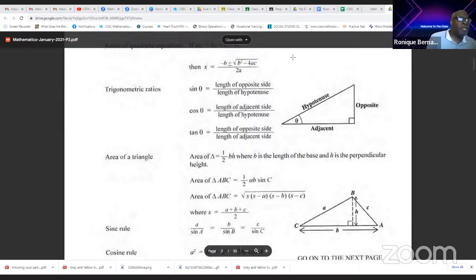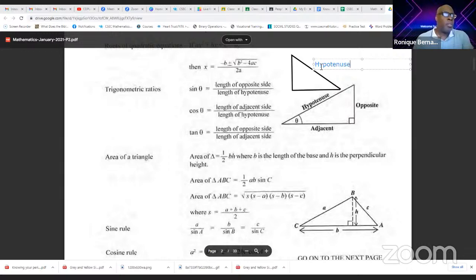I love to draw mine like this. All right. Now, the slant line is always going to be the hypotenuse.